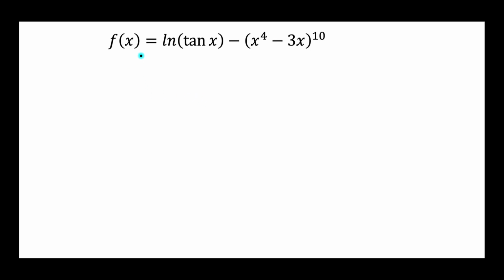Okay guys, here we have another one. So we have f of x is equal to natural log of tan x minus x to the 4 minus 3x all to the power of 10. So let's go ahead and do this. Now this time we would have to use the chain rule for this part of the function, and this part as well. So I'll do this in steps, so I won't be missing any steps out because we can easily miss crucial parts.